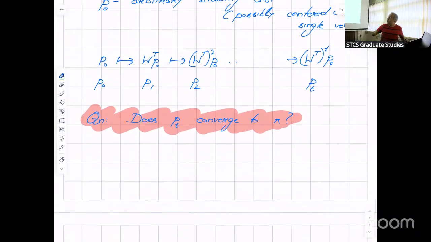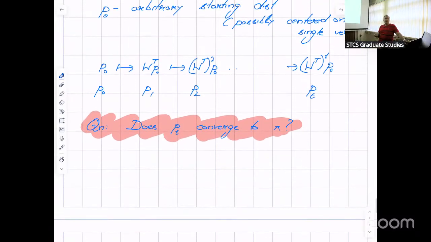For that, let's ask, what are the things that prevent you from going to the stationary distribution? One was certainly if it was not irreducible, that is, if it was disconnected. What does disconnected mean? Disconnected says that the second eigenvalue of W was also 1. So the gap between lambda 1 and lambda 2, the fact that lambda 2 is less than 1, matters. If lambda 2 had been 1, that would have been a bottleneck to convergence.